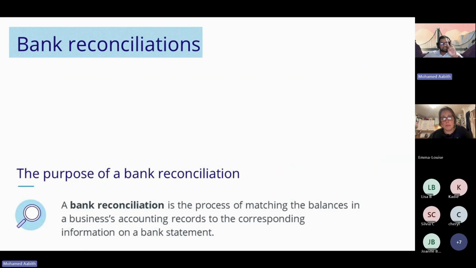The timing differences are of two different types. One of them we call outstanding lodgements, which are the ones I put into my own bank account and I'm expecting to clear. The second one is unpresented cheques. These are the cheques I gave to my suppliers or somebody who wants money from me, and they haven't put them into their own bank account yet, or they have paid them in but they're not cleared yet.